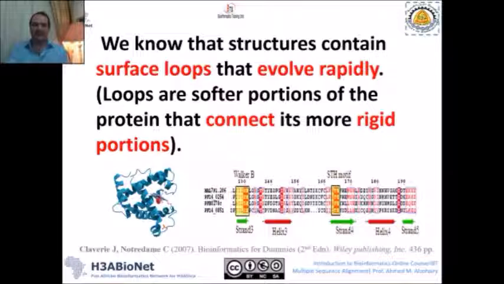But in other places, like the rigid portion of the protein, you cannot find rapid change. You cannot find a lot of mutation in this part. So usually the rigid part is mostly conserved, but the loops are not very conserved.